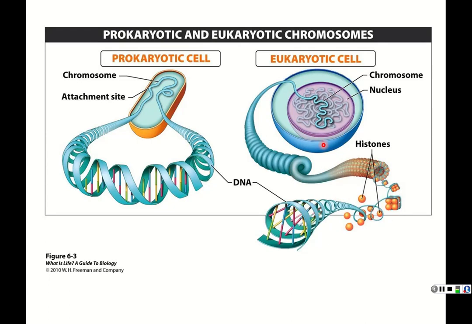A eukaryotic cell has many more levels to the organization. So if we look on a secondary structure level, that would be shown here. The DNA, and we see that it's in that alpha helix, right? That's the B form of DNA, and it gets twisted around these little orange balls here. Those are histones. Those are histone proteins. So it gets coiled around those.